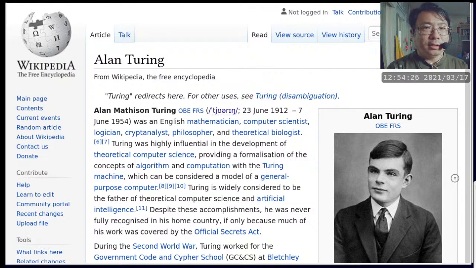I also heard the personality of Alan Turing in the movie does not really match the actual personality based on historical documents. Anyway, his contribution at the end of World War II was to invent, I think it's called a bombe machine. Its job is to decode messages encrypted by the Enigma machine.